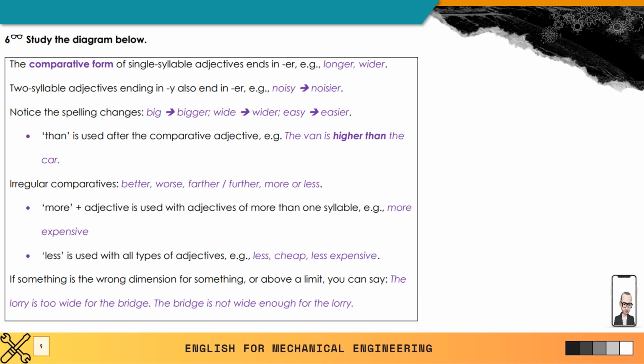However, with great, there's no doubling of the word final consonant, so greater or greatest will not double the last T. Now, there are, of course, irregular ones which don't follow the rule. So here we got better, worse, farther, further, more or less.